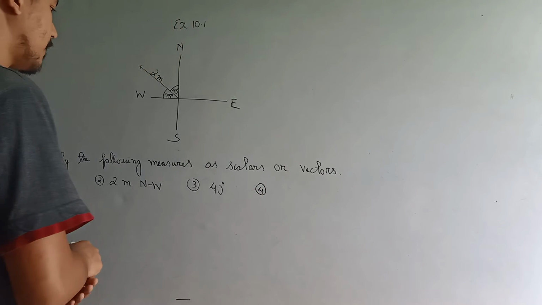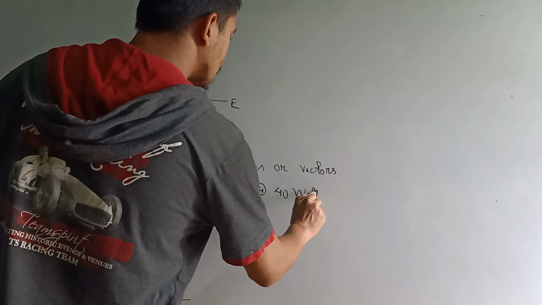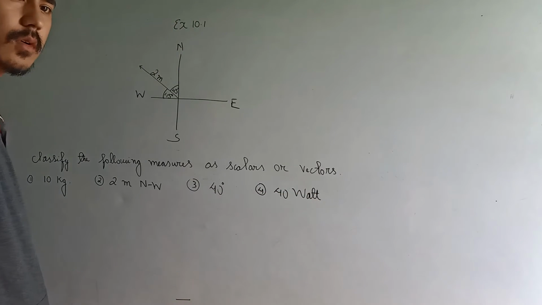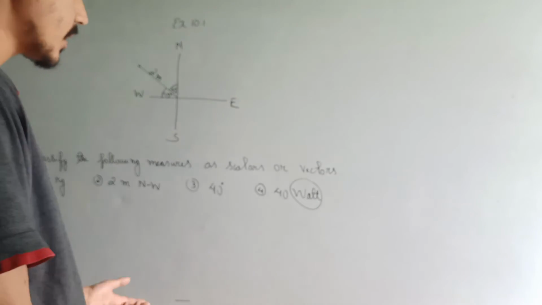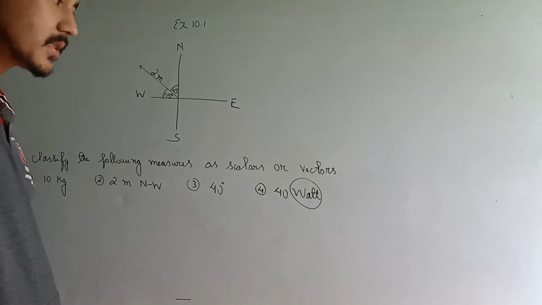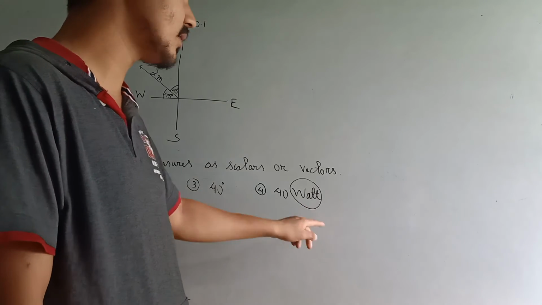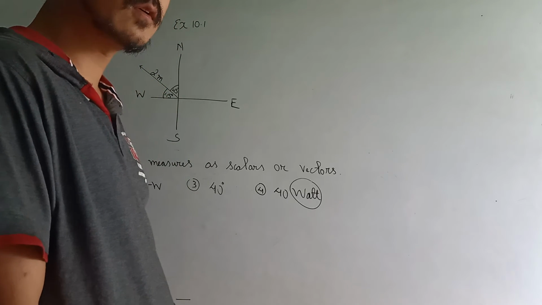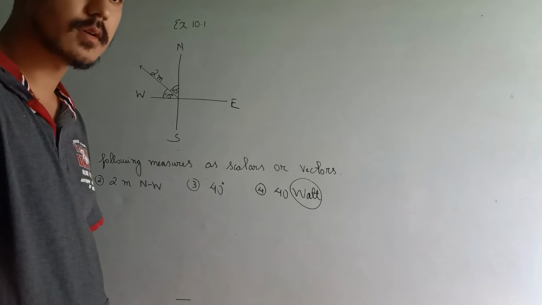The fourth one, 40 watt. What does this watt represent? What is the unit of time? Time means second, hour, days, months, years, decades, centuries, right? What is the unit of power? Power, electric power, right?